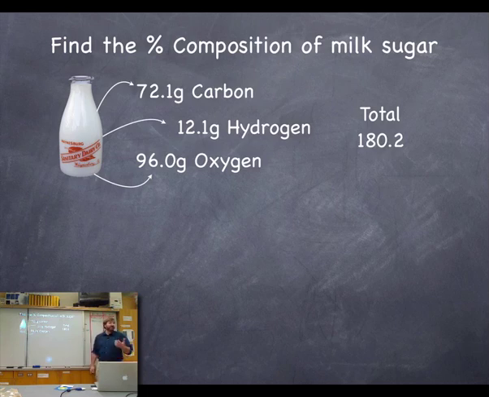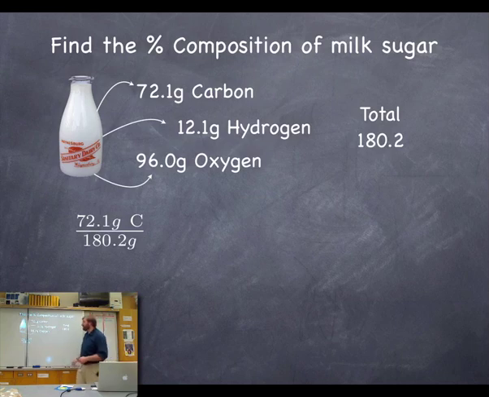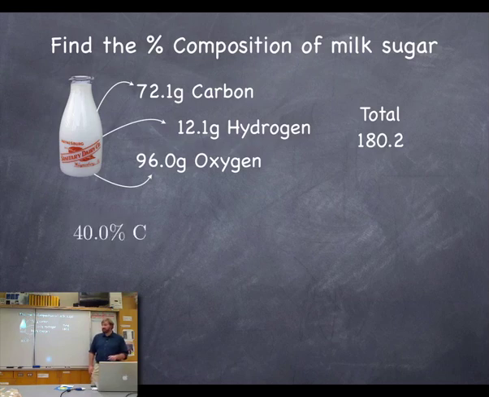So we need to take each part divided by 180.2. So this has 4 sig figs. Each of these has only 3. So when we go ahead and do a division problem like this, our answer is going to have 3 sig figs.